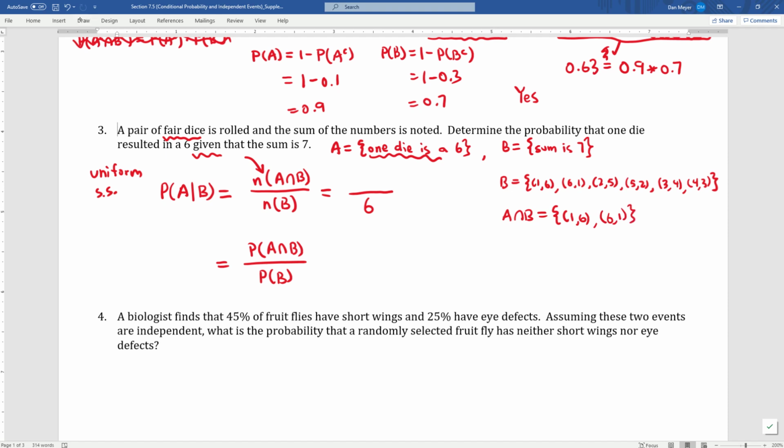So if we start writing down B and then just pick the things out of B that are also in A, the dice rolls in B where one of them was a 6, we can get A intersect B. It's easy to see there's two things in A intersect B, and so our probability here is 1/3 if you reduce the fraction. You don't have to necessarily reduce the fraction, but this one was a nice reducible fraction. And we use our basic conditional probability formula to get that done.